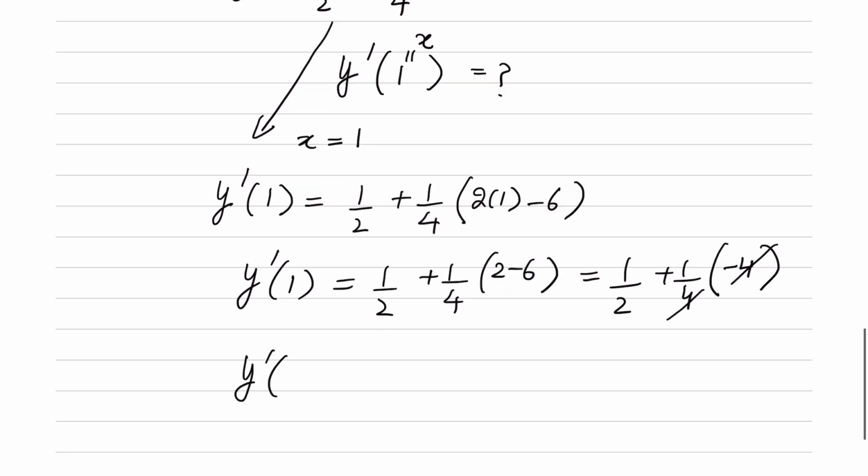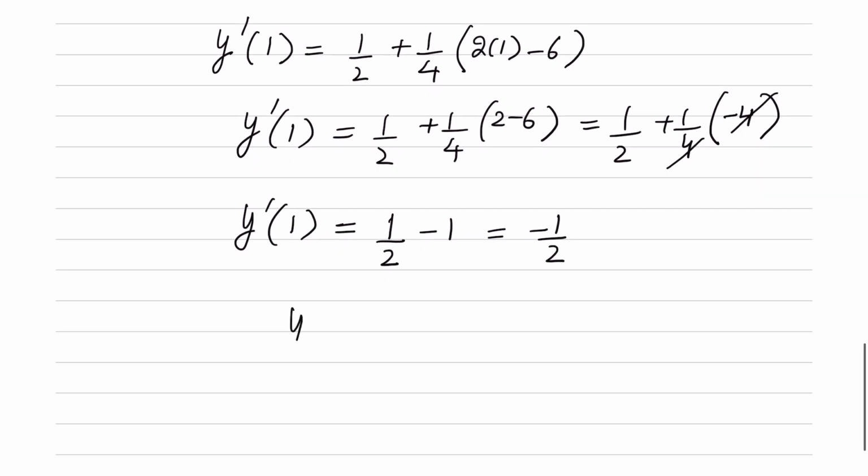So we have y dash at 1 as 1 by 2 minus 1, which is minus 1 by 2. So the derivative of y at 1 is minus 1 by 2.